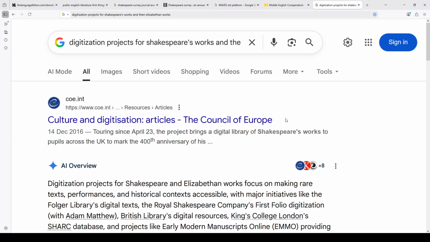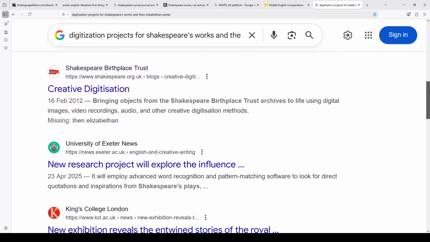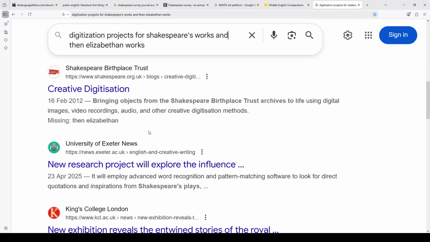the Council of Europe. Now, you can see that this is Europe we're talking about. And I'll move to Shakespeare and Elizabethan works. New research project will explore the influence Shakespeare had upon how we remember the dead. So I'm reading at the bottom.